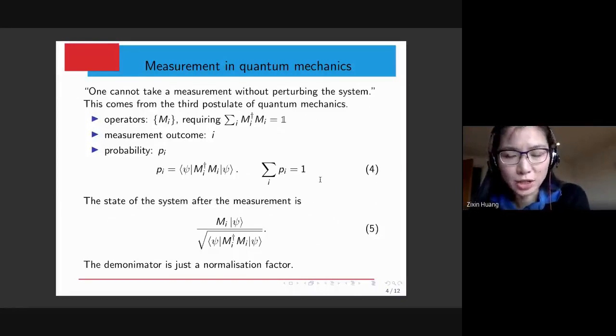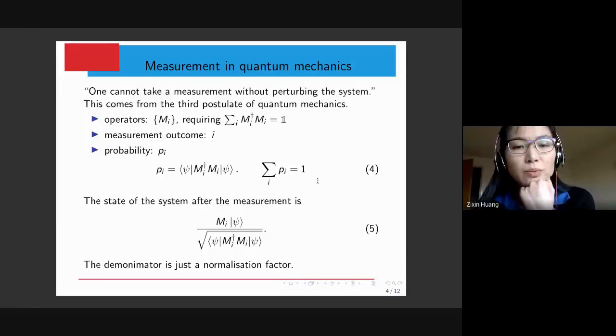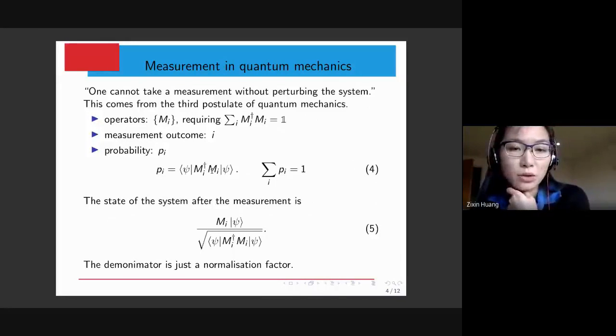This is just the Born rule. Giving an example, we could be projecting onto the computational basis. So one of these m's would correspond to projecting onto the state 0 or projecting onto the state 1, and you require those to sum up to 1.